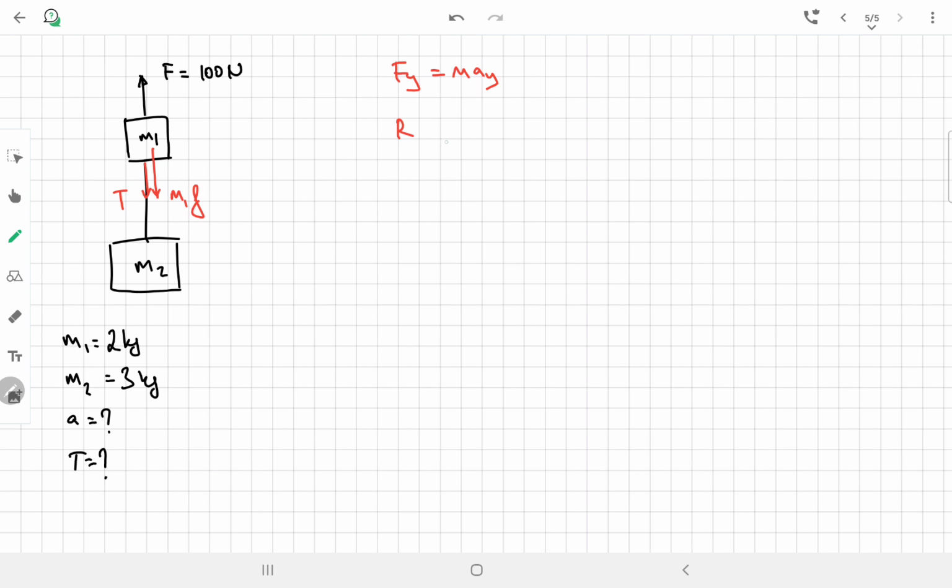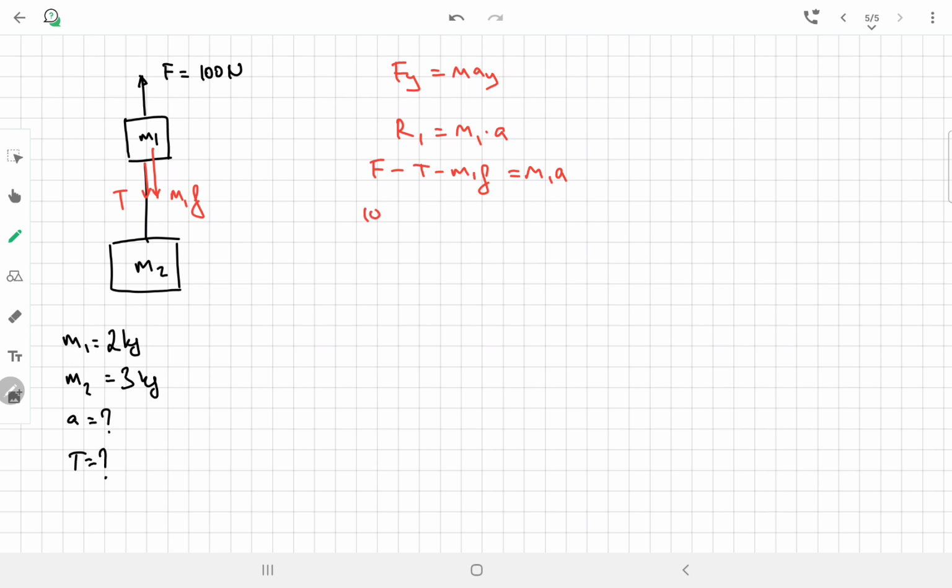So the resultant force for the first object equals the mass of the first object times acceleration. The resultant force is equal to force minus tension minus weight: upward force, tension downward, weight downward. It should be equal to M1A.